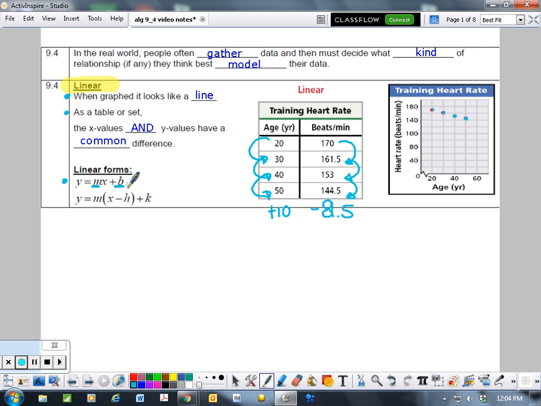And then we have what we call transformational form, where we still have that slope or that change, but instead of starting at b, we now have a starting point (h, k). This would be any point on our line, maybe our very first point. That's very similar to what we do with the vertex form of a quadratic. With a line, though, the power is really 1, so it's an invisible one. With a quadratic, there's a 2.